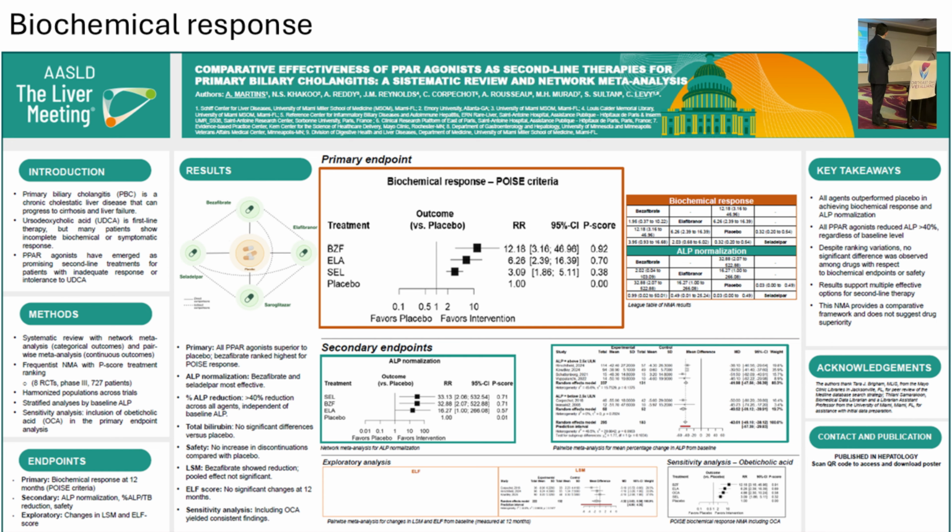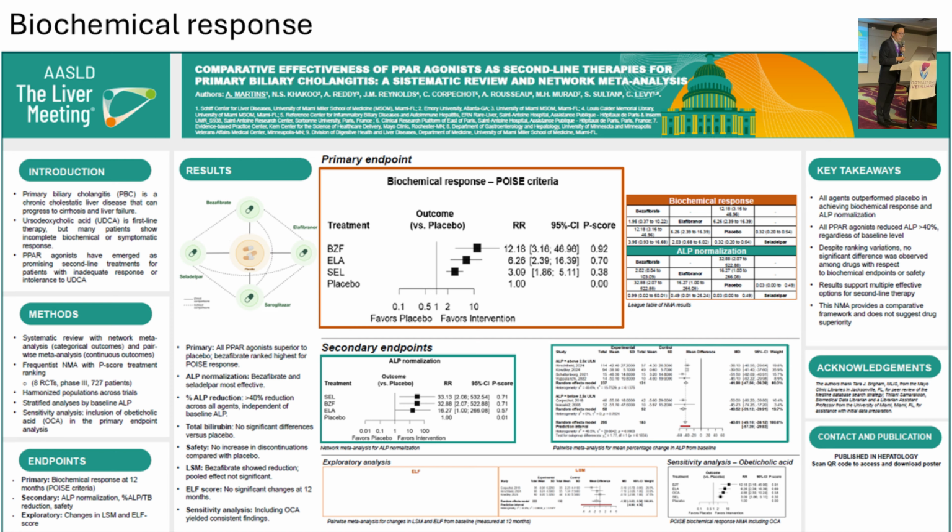From this study, you can conclude all 3 PPAR agonists have been able to accomplish biochemical improvement in patients who are already on first-line urso. Even though there may be a ranking order in effectiveness, there's no statistical significance.